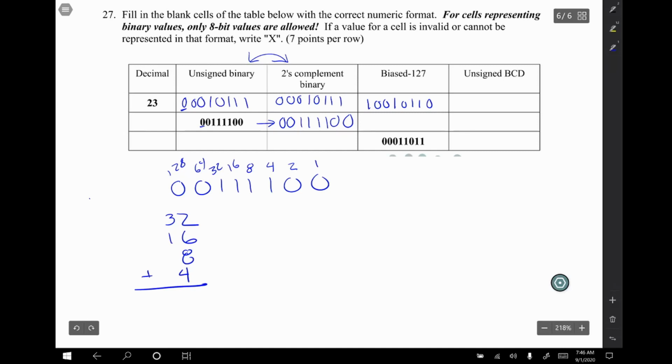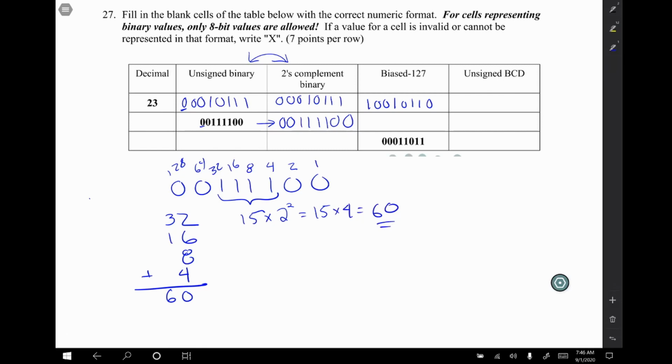We add these together, we get 60. And in fact, this makes sense because these 4 ones are actually 15, and I've shifted it left by 2 positions, so that's times 2 squared. 15 times 4 is equal to 60. So it looks like we got the right answer.